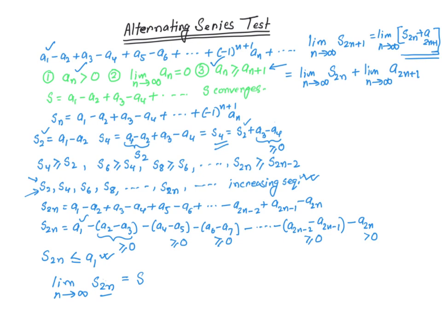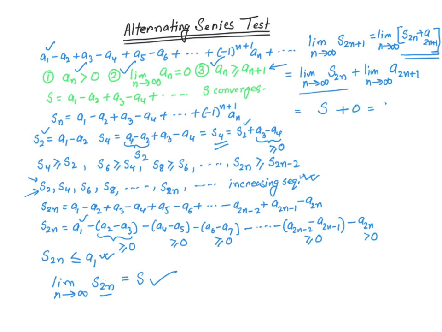Now we just found out that this converges to S, which is right here. Plus limit as n approaches infinity of A sub 2n plus 1 must be 0. Why? Look at condition number 2, or assumption number 2: limit as n approaches infinity of A sub n is equal to 0. So that guy must go to 0.